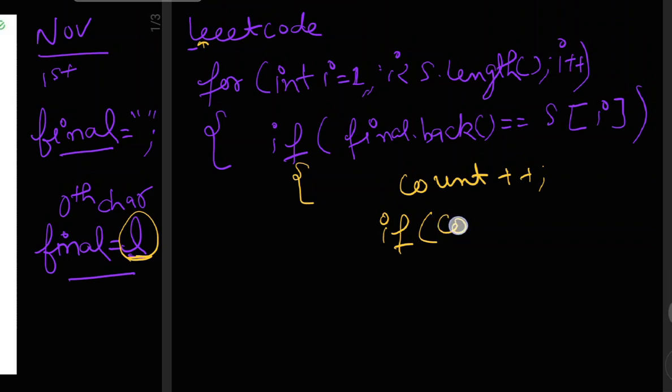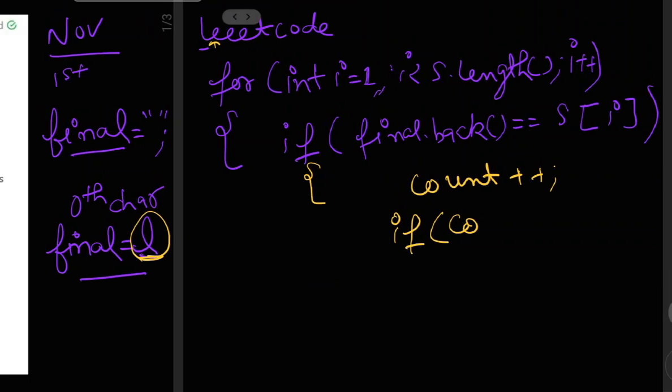I will declare a count variable also. Count is equal to 1 initially because I already have one character L, which has count 1. L is coming only one time. After that I will check my final dot back, which is L, and my S of i is E. Are they equal?